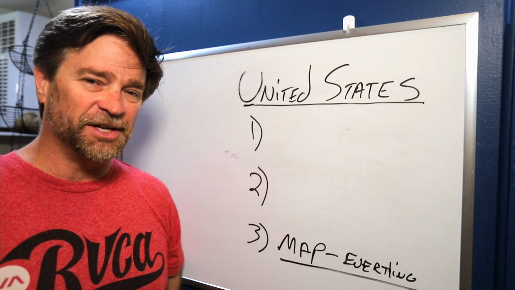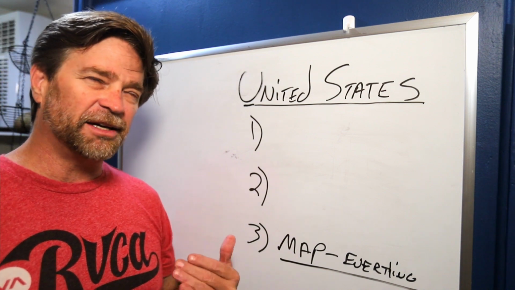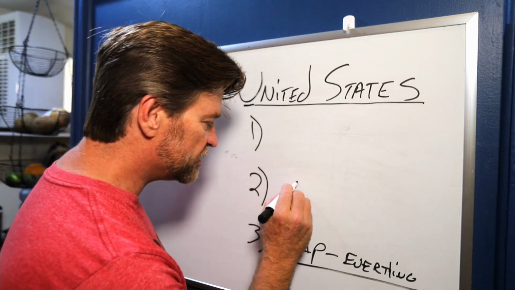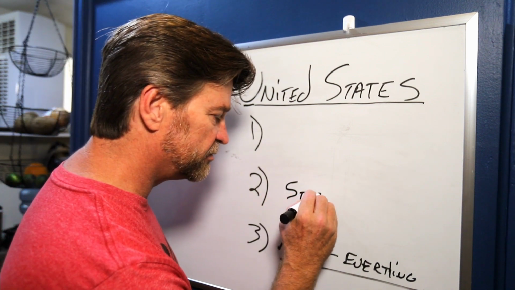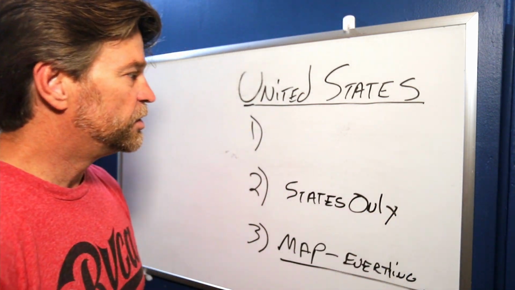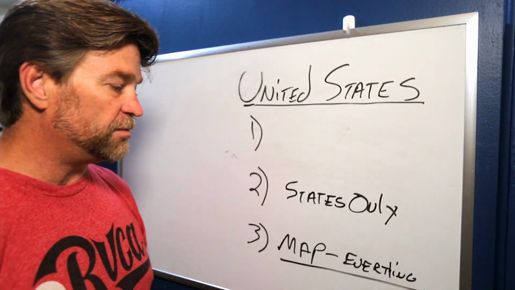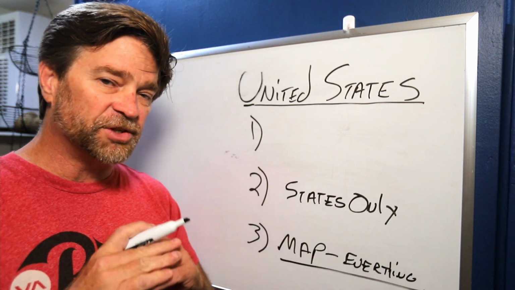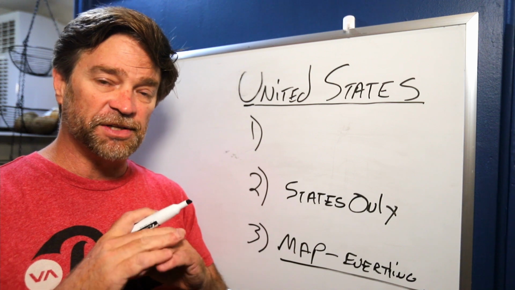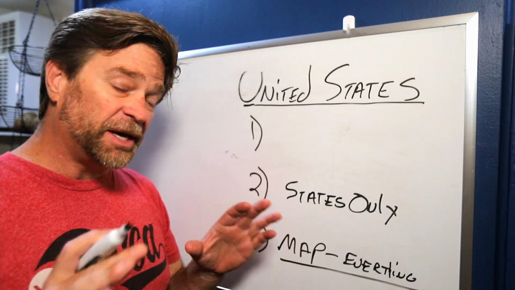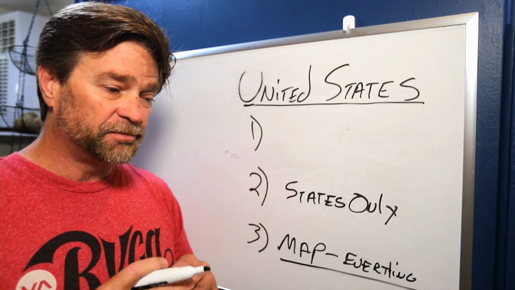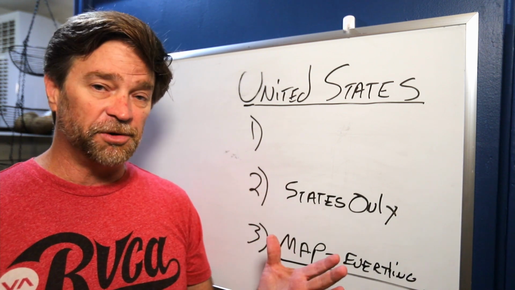The second definition, this one you'd probably be like, oh yeah, that makes sense, but hadn't really thought of it before. It means the states only. So the term United States can mean the states only, excluding the federal government, excluding the territories, excluding the possessions. Basically, it is the states only, and it has no ability to expand to include anything else.